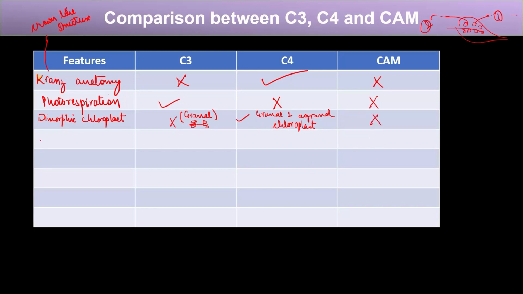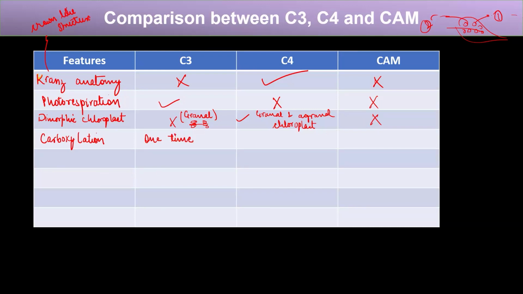Now the fourth is carboxylation. In the case of C3 plants, how many times does carboxylation take place? If you remember, carboxylation took place only once, when the carbon dioxide binds to RuBP, because in the case of C3 plants the substrate was RuBP, right? So carboxylation takes place only one time during one carbon dioxide fixation.